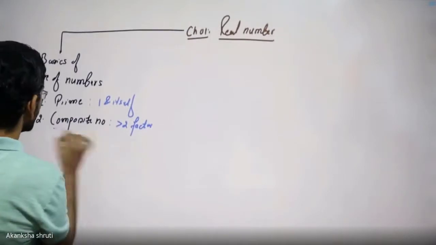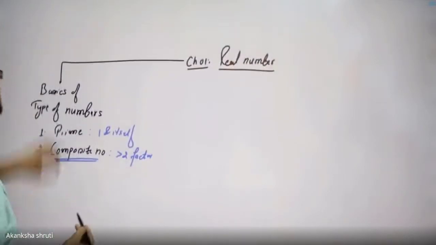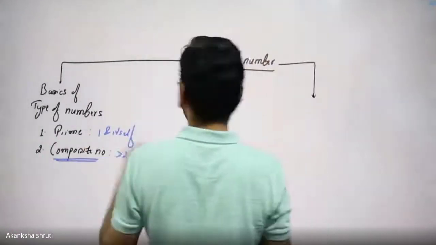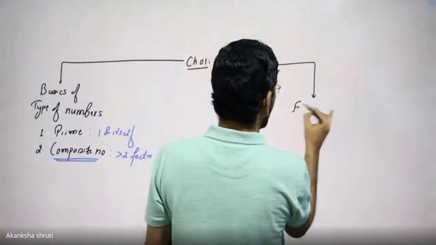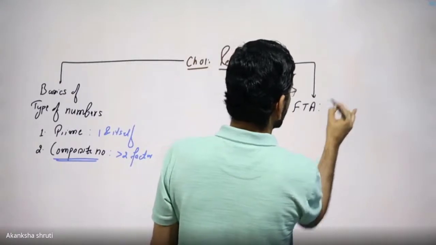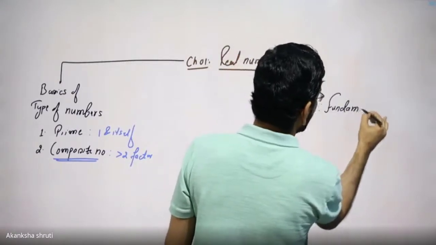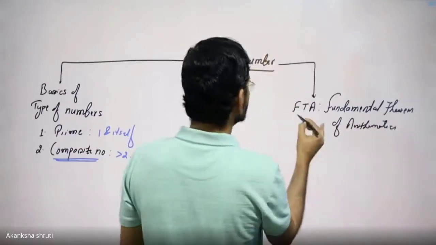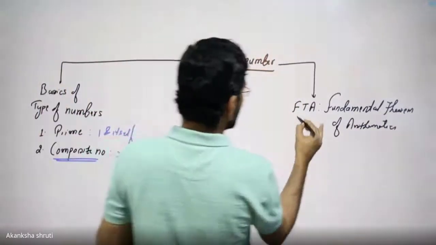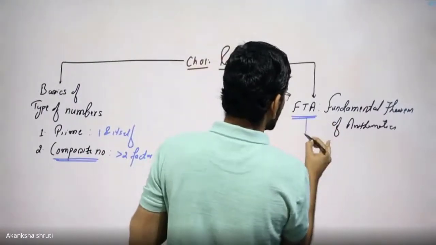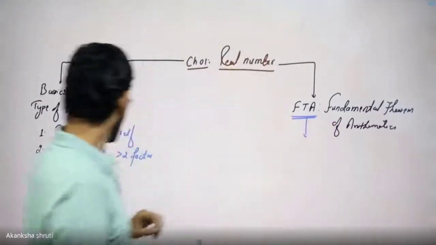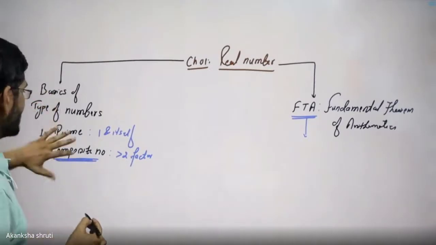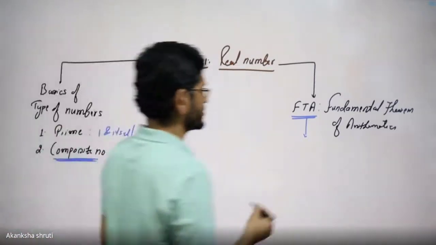Students, considering this composite number, the new concept that we have to learn is the fundamental theorem of arithmetic, FTA. Students, this FTA is exclusively useful for composite numbers, so that's why knowing the basics like prime and composite is still very important.